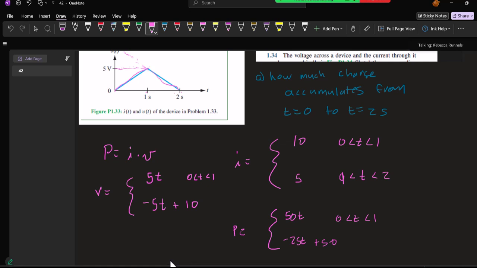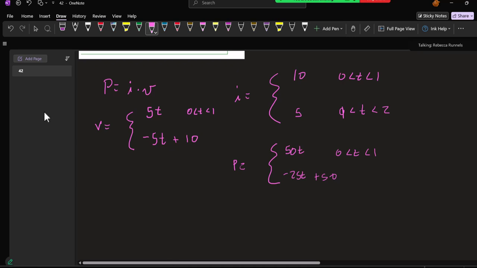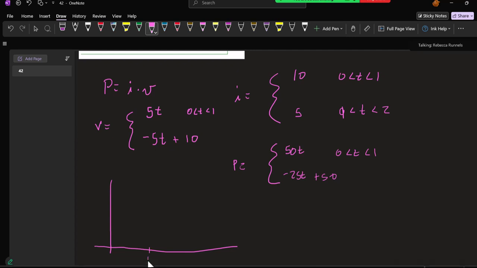So those are also lines. From 0 to 1, it's 50t. So it starts at 0. To graph a line, you just need 2 points. So at 0, it's 0, and at 1, it's 50.